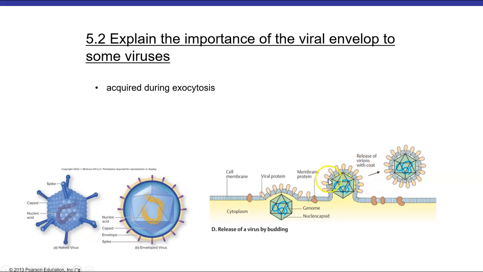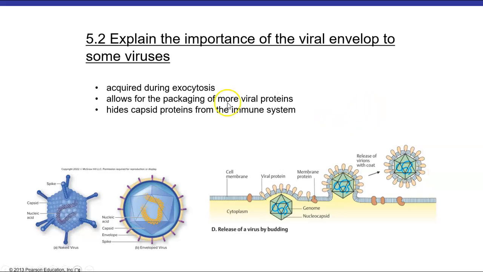So that's what makes this a lipid layer. So what the virion did is it covered itself up with a little bit of the host cell's plasma membrane. So it has kind of like a cloak around it that makes it look like the host cell. It's also a way to package viral proteins.